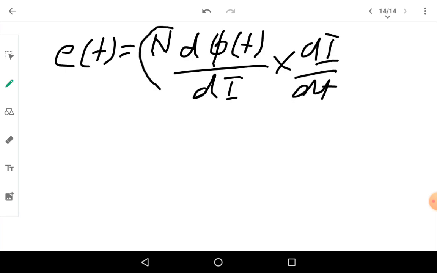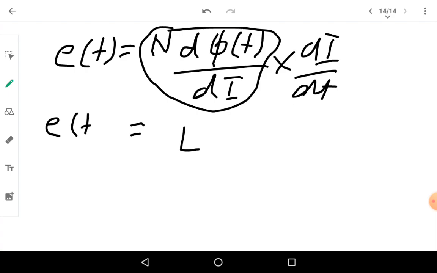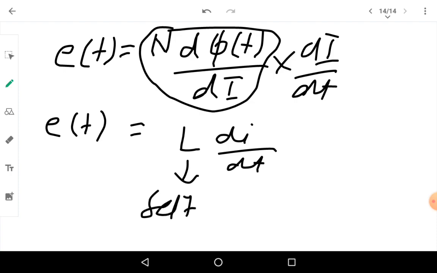This N d phi upon di is known as self inductance. This L is known as self inductance.